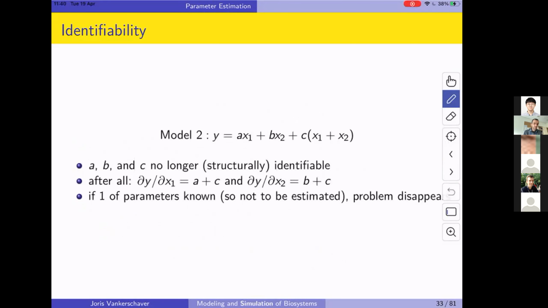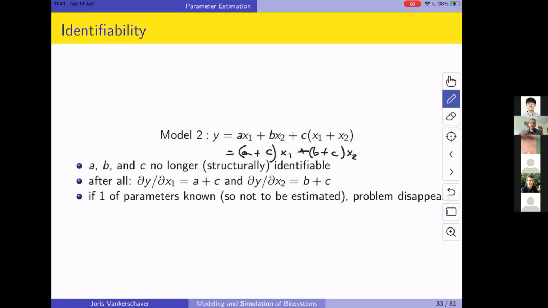Here is another example of a slightly more complex model, where now we have three parameters A, B, and C. If you rewrite this model to factor out x1 and x2, you get combinations of parameters: A plus C times x1 plus B plus C times x2. Here too, because you have those combinations of parameters, this model is structurally not identifiable.